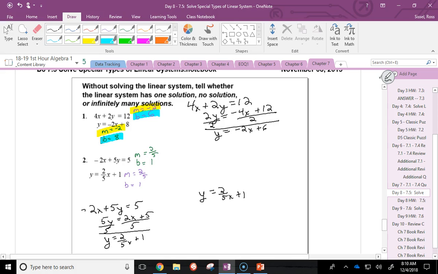What does that mean my lines are? What's that mean if I have the same slope with different y-intercepts? Why? Perfect. It means my lines are parallel. They have the same steepness. They have different y-intercepts, so they are parallel. No solution.